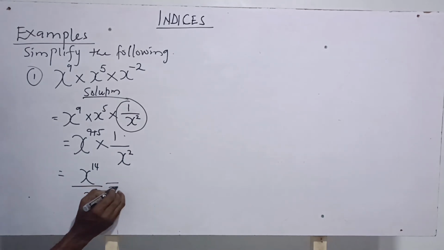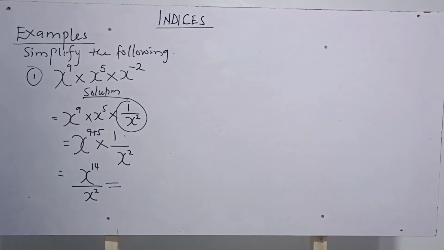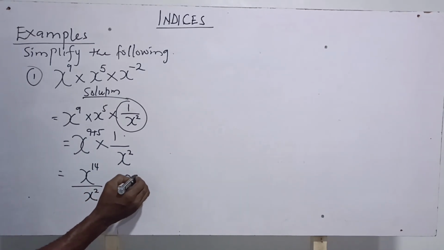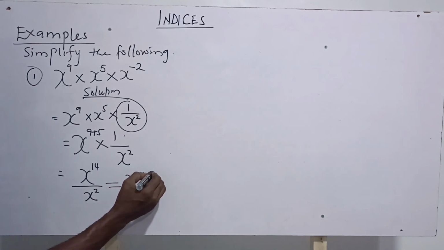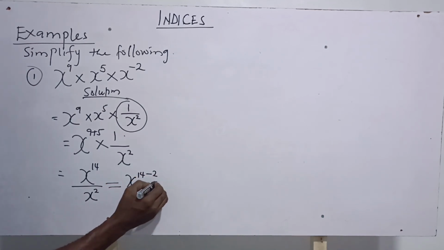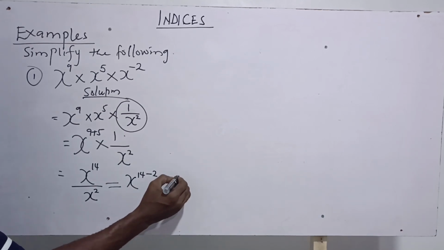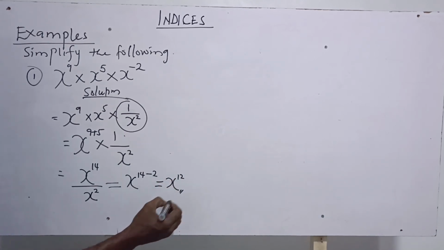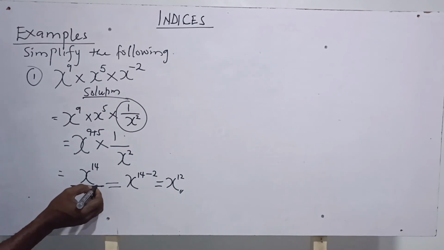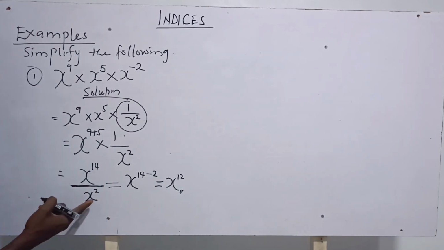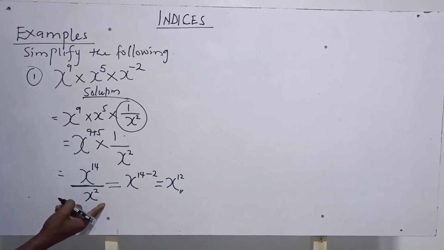So this can be expressed as x raised to power 14 minus 2, which will give us x raised to power 12. How did we arrive at that? This has become a division, and I've told you that under the division law, you have to subtract the indices.